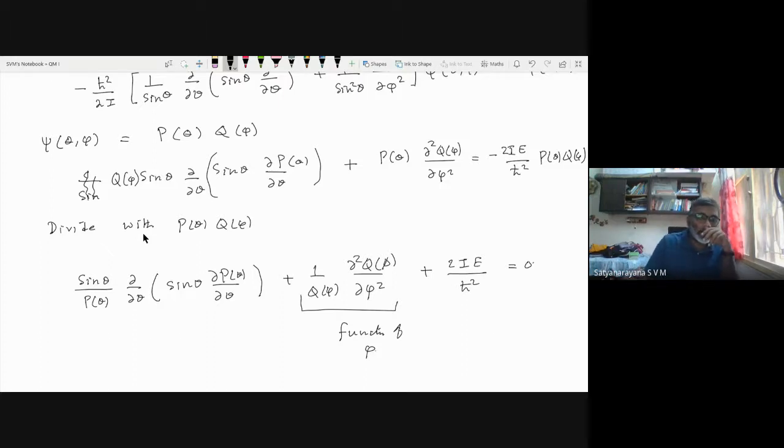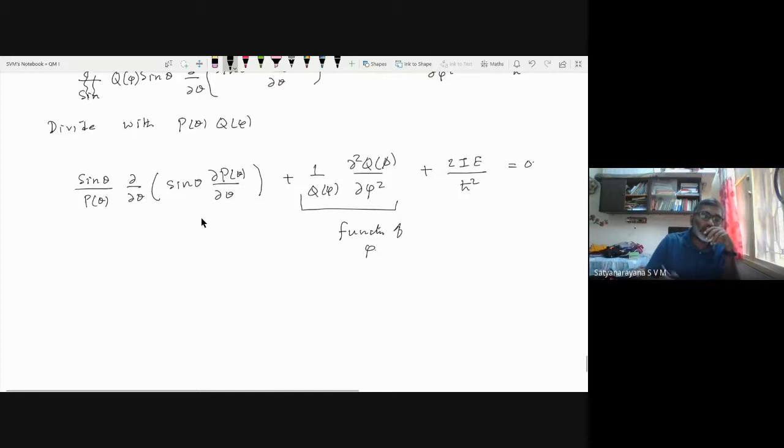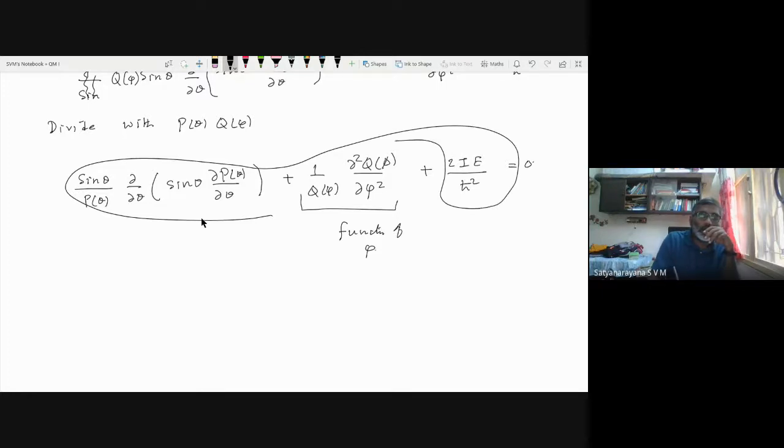Then that should be equated to this entire thing. Say this is plus m square and this is minus m square. Then m square minus m square will be equal to 0.